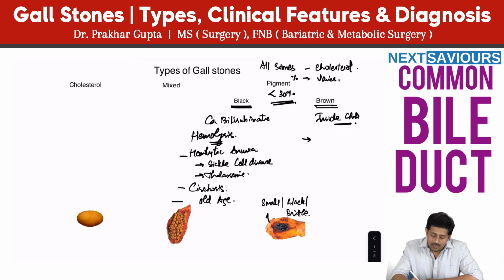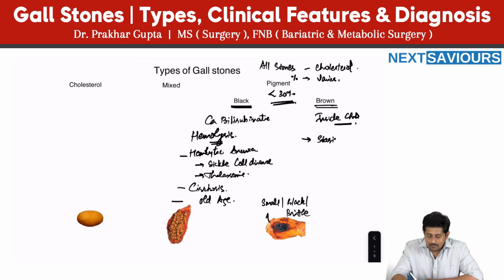For example, there is stasis of bile in the CBD, which may be due to pre-existing CBD stones, or there may be parasitic infestation of the CBD, or there may be cholangitis or infection of the CBD.